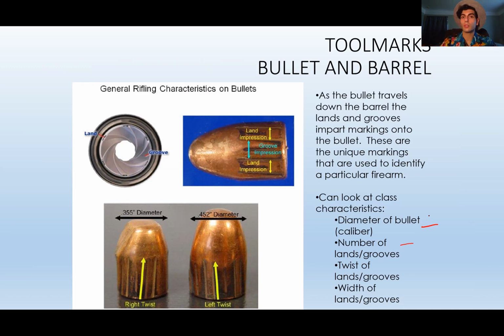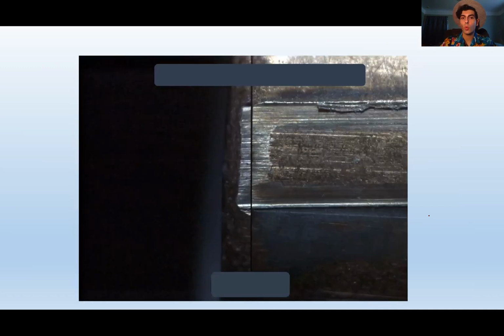So once we establish those class characteristics, we're going to be looking at individual characteristics. And this is where that concept of no two firearms are made exactly the same way. So what you're seeing here, these lines, are striations. Those are the scratches as the bullet travels down the bore of the gun.